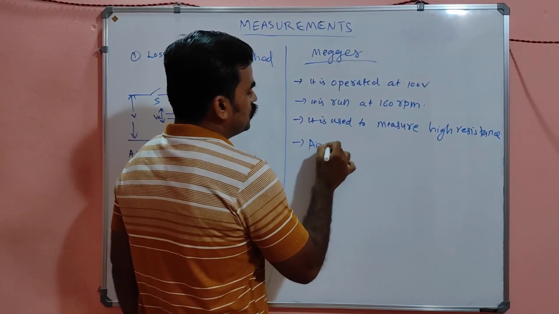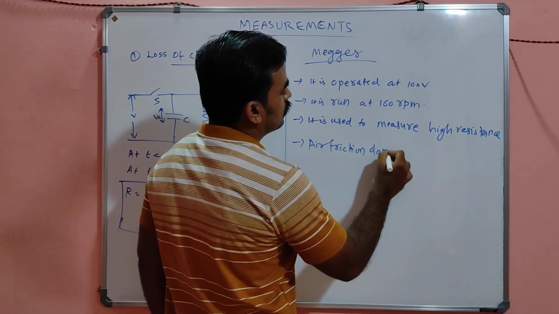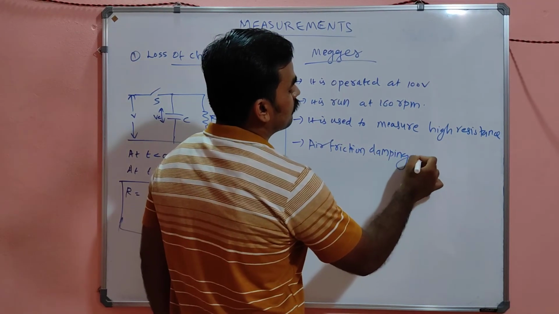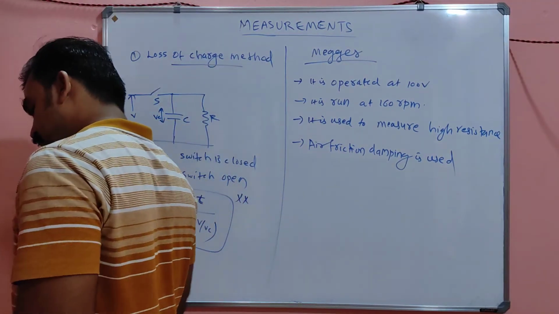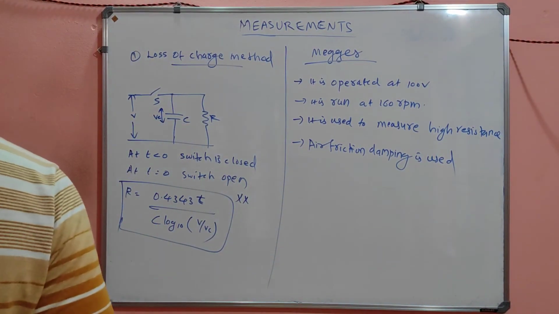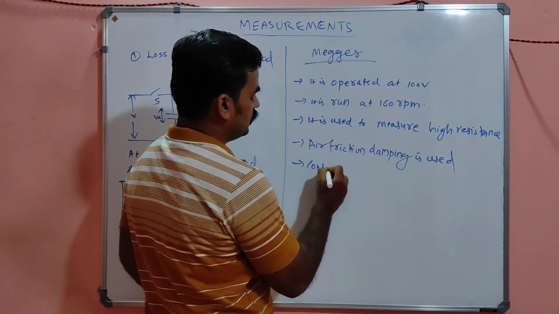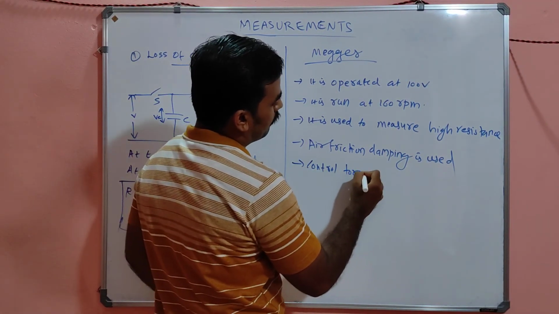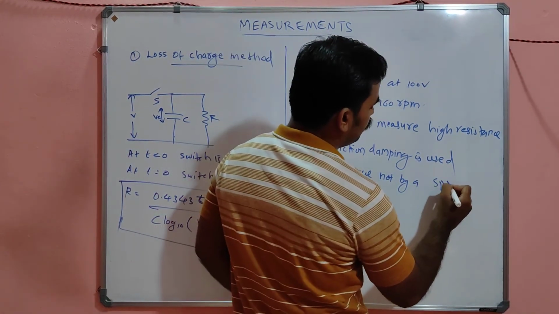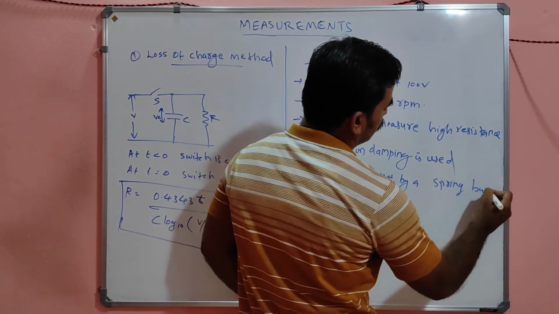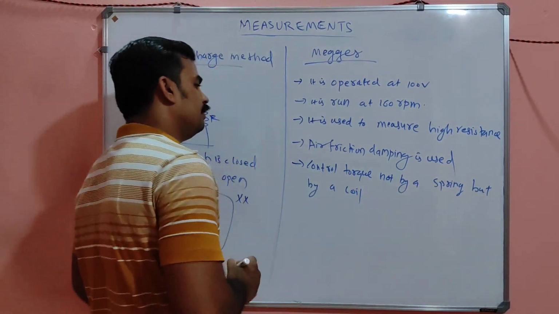Air friction damping is used. And control torque not by a spring but by a coil. Very, very important.